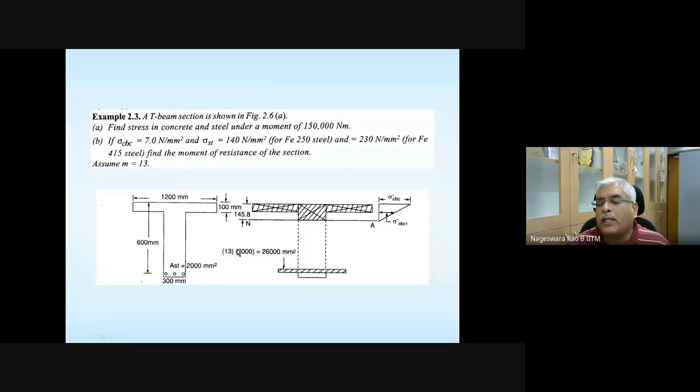Please note that M minus 1 is not there because we are assuming below neutral axis whatever concrete is there, that is ineffective. So just M times area of steel. So that is going to be your equivalent concrete. That we need to take moment of that with respect to the neutral axis. Okay, so let's see these calculations, then you will understand better.